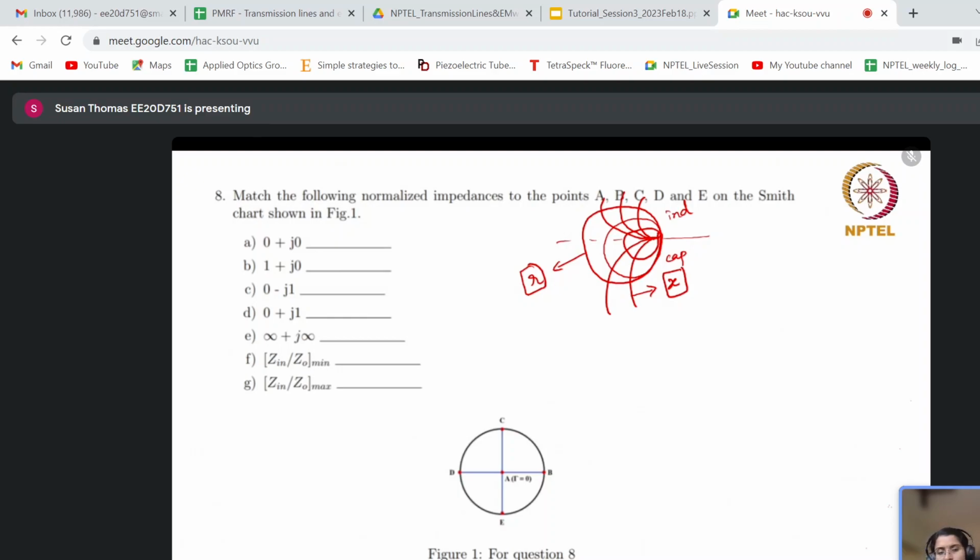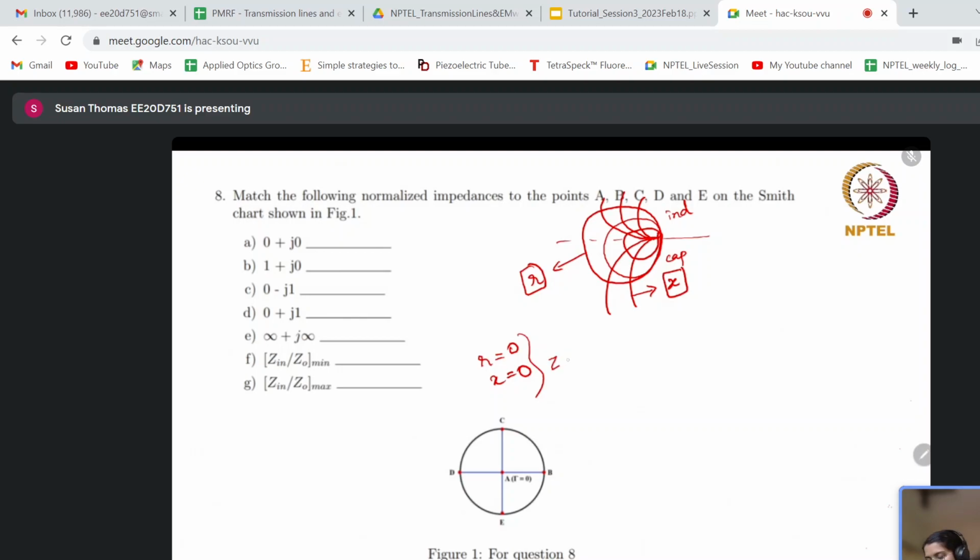Now let's see the question and analyze all the points. What is 0 plus j0? Where is this located? R is 0 and X is also 0.